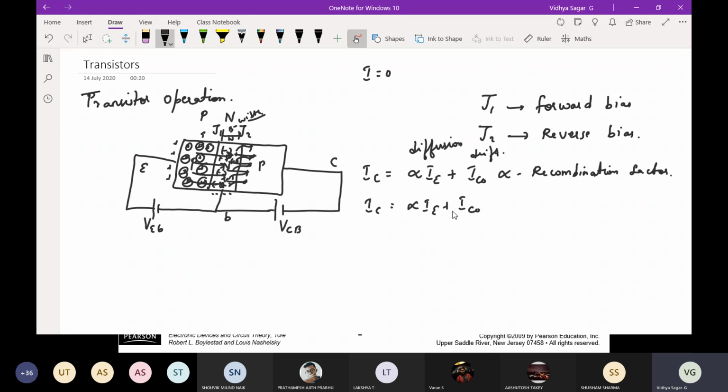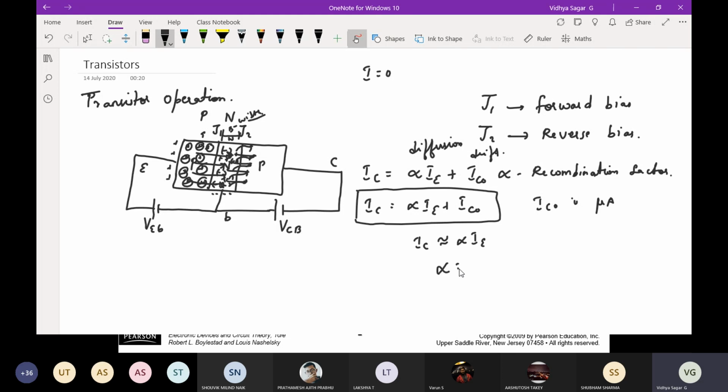ICO is nothing but the reverse saturation current. Generally ICO is in terms of microamps, so it is always neglected. So generally I could say that IC is approximately equal to alpha times IE.